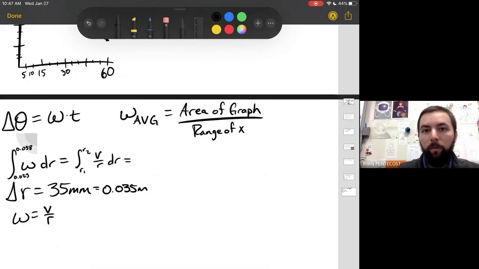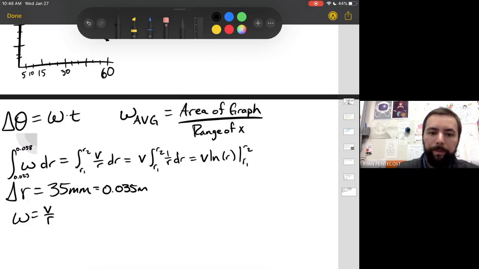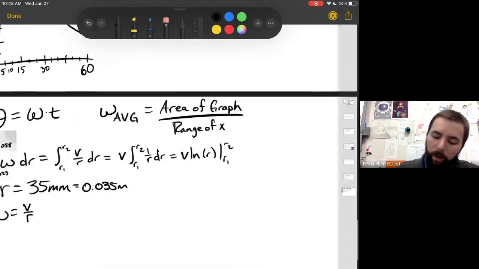And the integral of 1 over R is natural log, right? So that's basically the integral of V from R1 to R2 of 1 over R dr, right? So then you have V times the natural log of R from R1 to R2, right? So what we'll do here is we will plug that in.